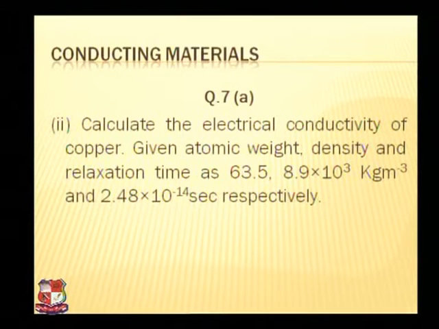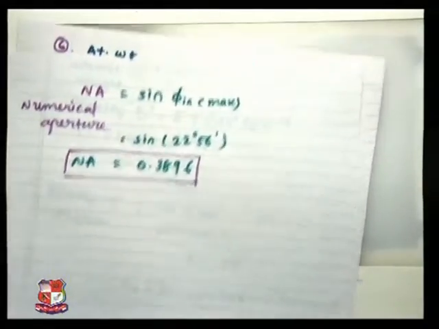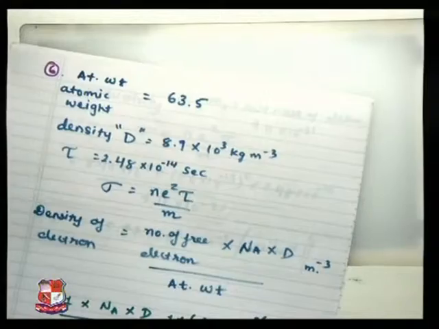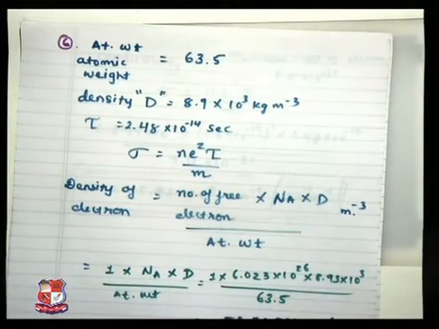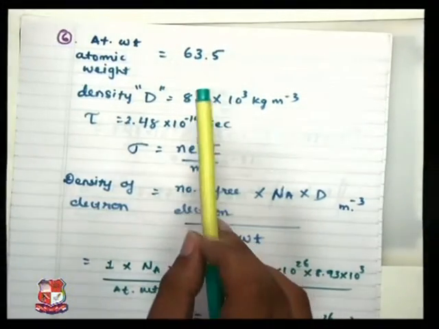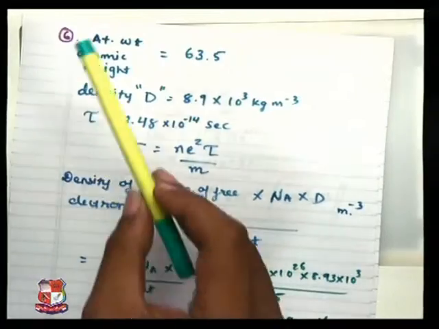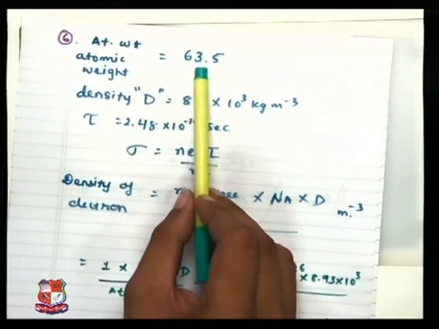So here we need to calculate the electrical conductivity. Let us calculate it and just read the solution of this numerical. We can see that atomic weight is given, that is 63.5.